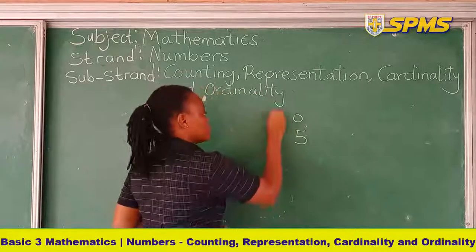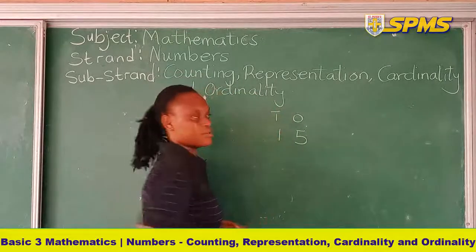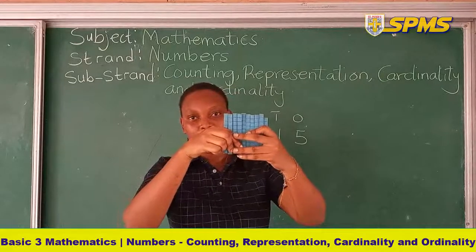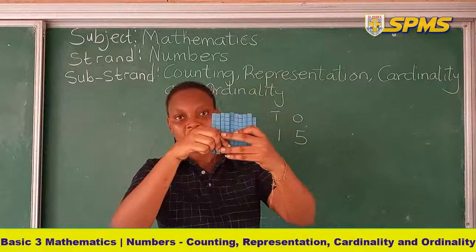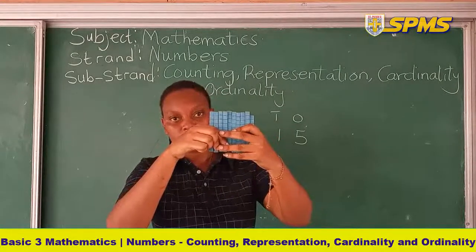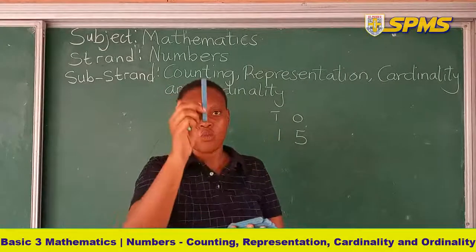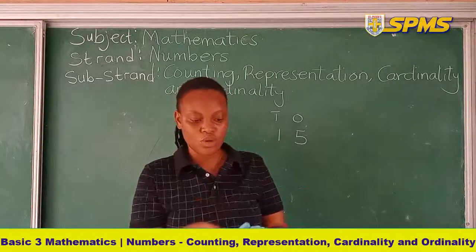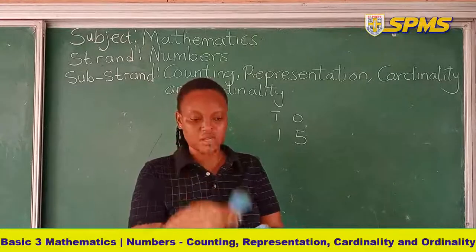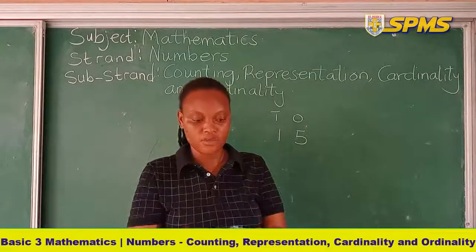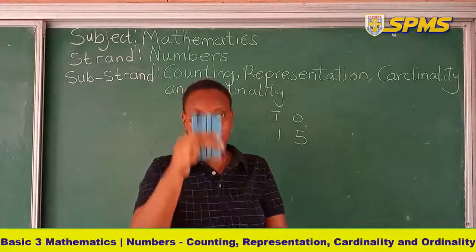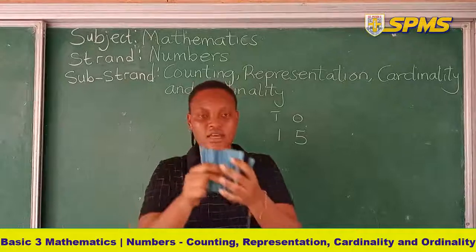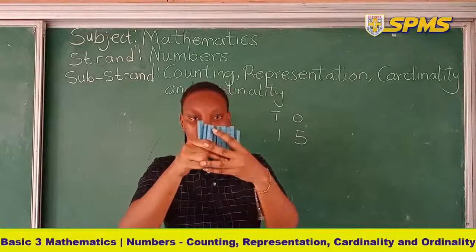So we can write 1. And then these blocks are in hundreds. They are made up of 10 blocks. That is 1 of tens, another one making 2, another one 3, 4, 5, 6, 7, 8, 9, and then 10.